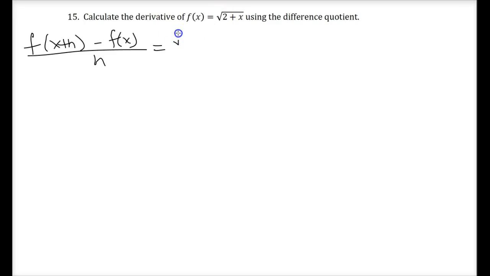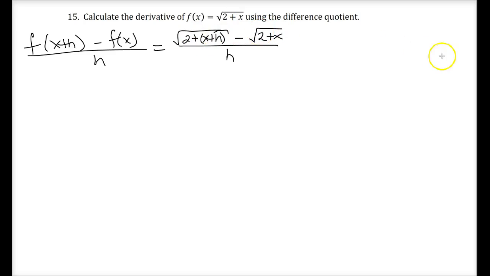Here this would be the square root of 2 plus x plus h, all together like that, and then minus f of x, which is just this, all divided by h. At this step, there's not much we can do to simplify anything because we have the square roots right here.